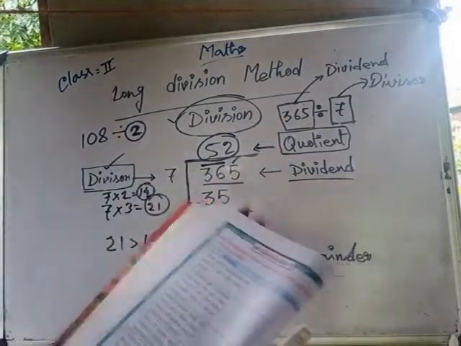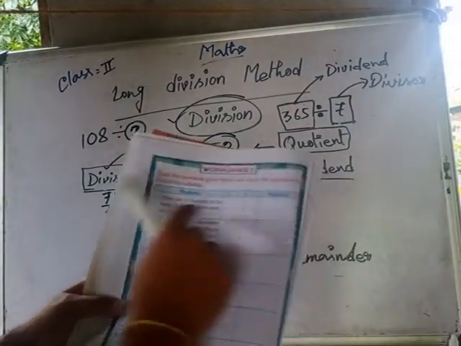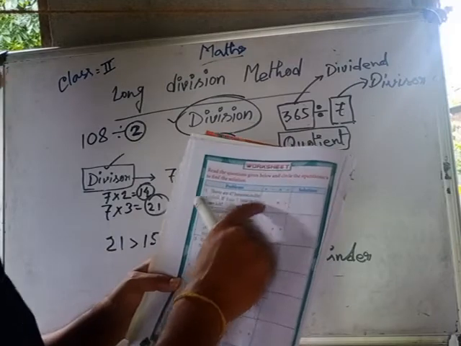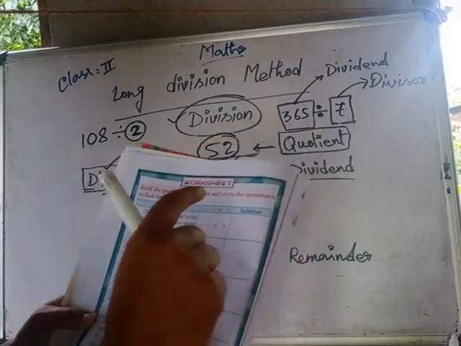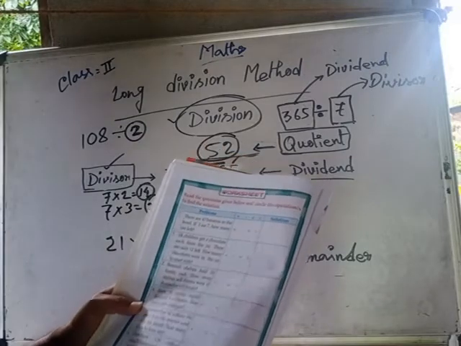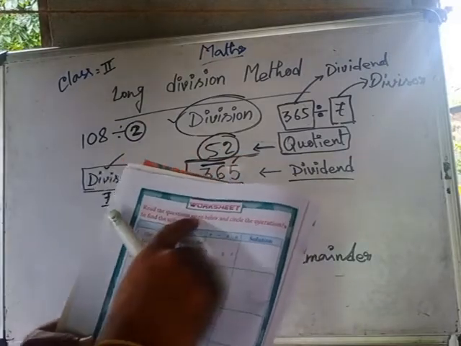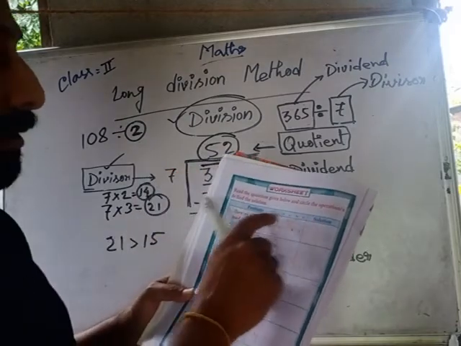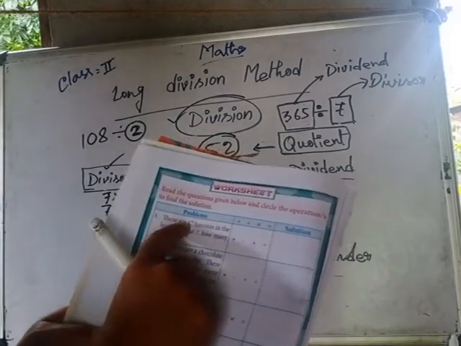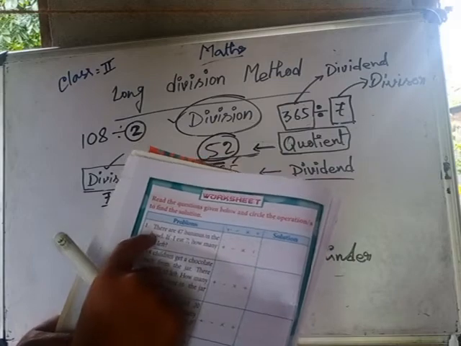After that I will tell you the problem will be here, and there are 4 operations. Which one is correct? You should circle the correct one. Read the questions given below and circle the operations to find the solution. There are 47 bananas in the bowl.